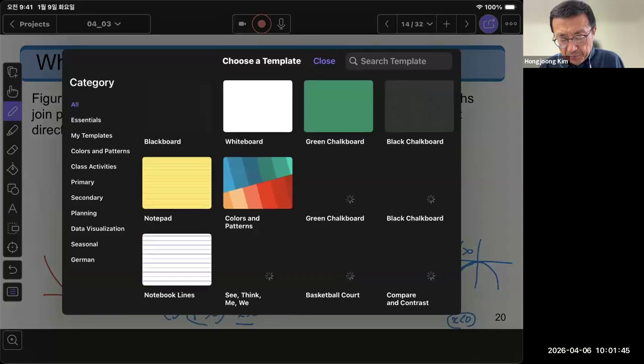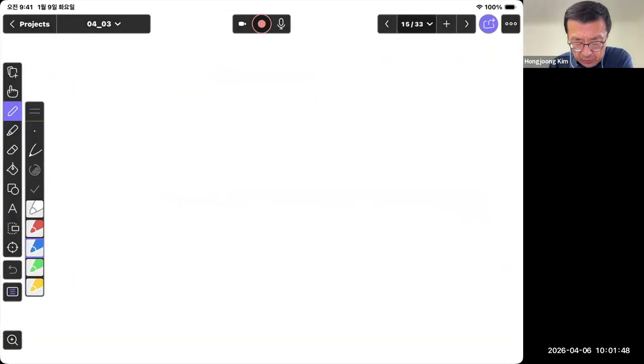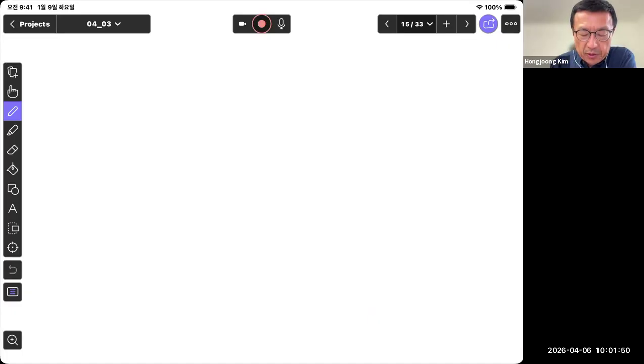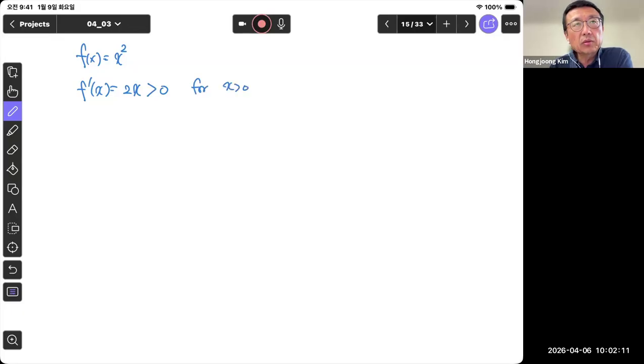Okay, so let me explain this one more time. If you think of the x squared function, f prime of x is 2x, and this function is increasing for x greater than 0, and on that interval, the second derivative is 2, which is positive.